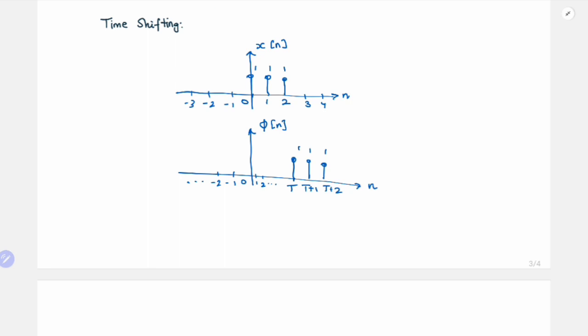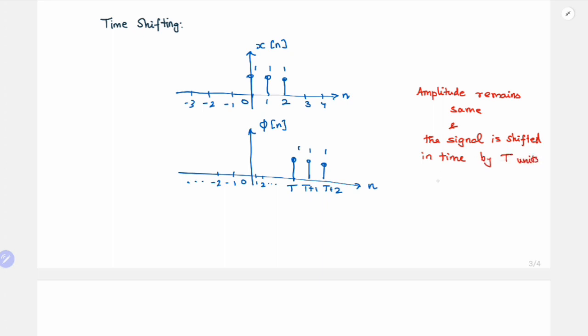So my amplitude remains the same, and the signal is shifted in time by t units.